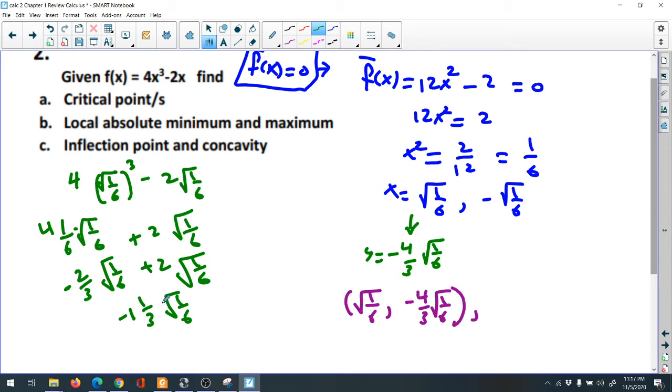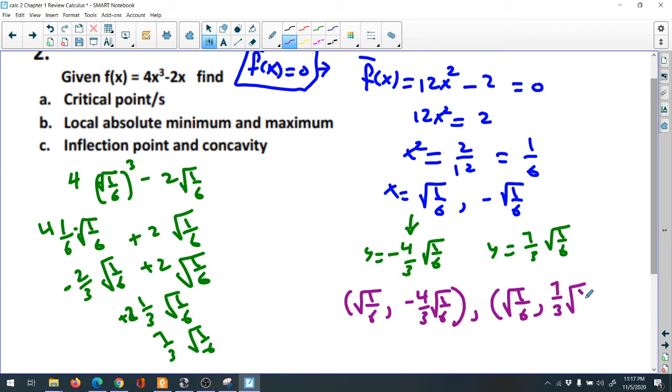Then negative 2/3 and plus 2, which is 4/3... the result is 4/3 plus 1 is 7/3 square root of 1/6. Y is 7/3 square root of 1/6. So here is our second critical point, which is negative square root of 1/6 and positive 7/3 square root of 1/6. This is our response to critical points.